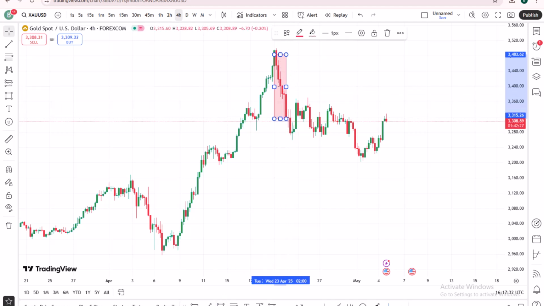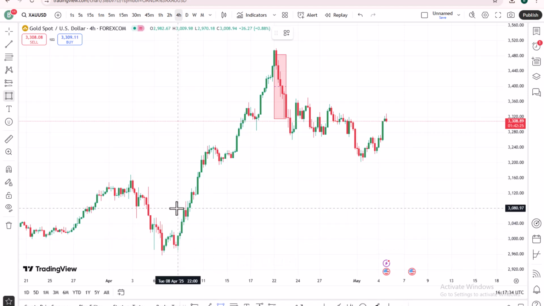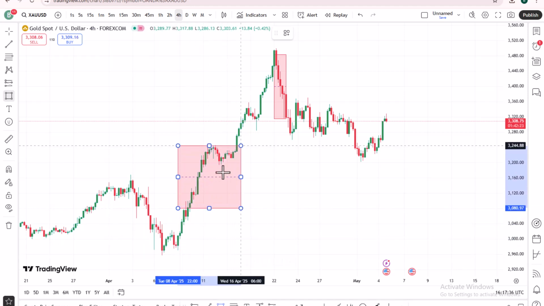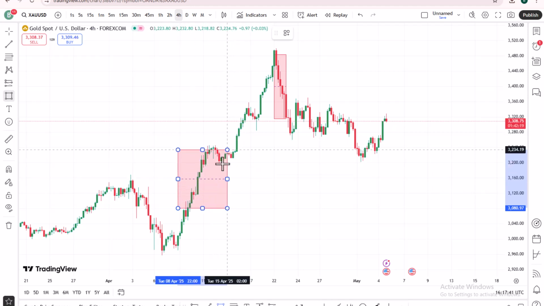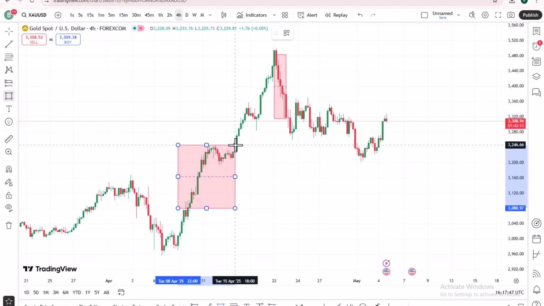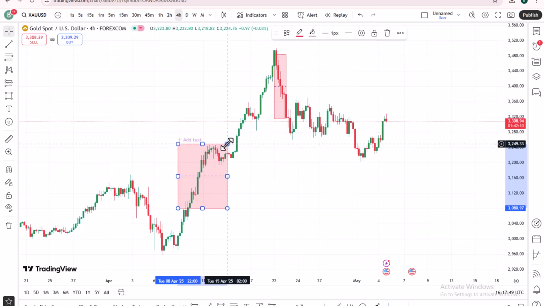And when I see these kinds of candles here, I will start to buy, because the higher time frames actually determine what I'm going to do in the market.